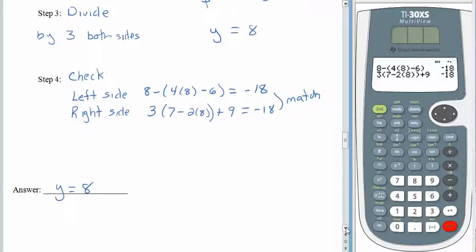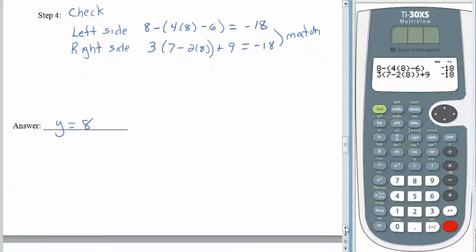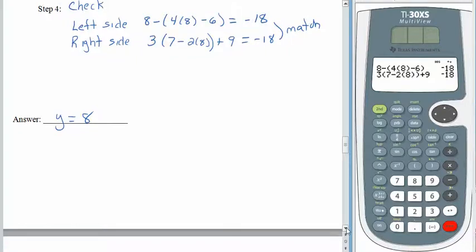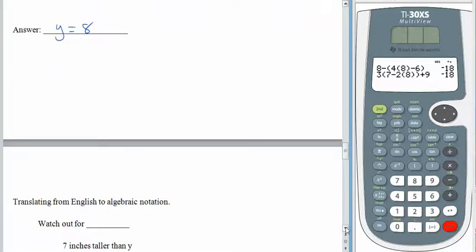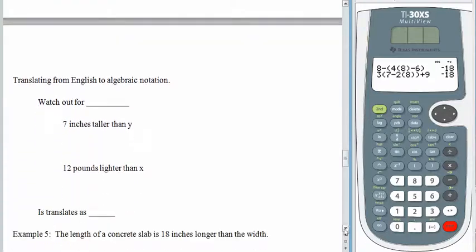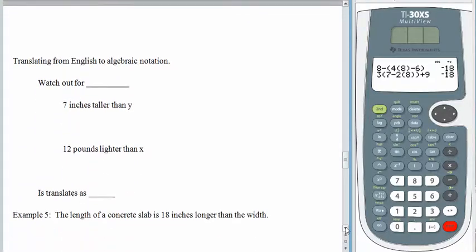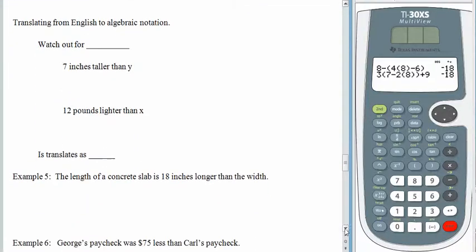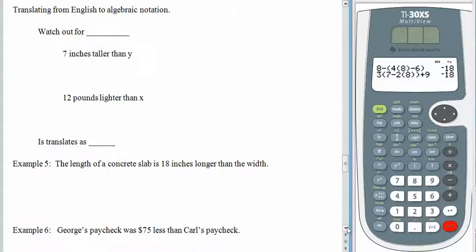Okay. So now we're pretty good at solving some equations. We're pretty good at evaluating expressions. We're pretty good at simplifying expressions. We know how to use the distributive property and how to combine like terms. What we need to be able to do is get the equation onto the paper, because nobody's going to give it to us. It's going to come from a situation.